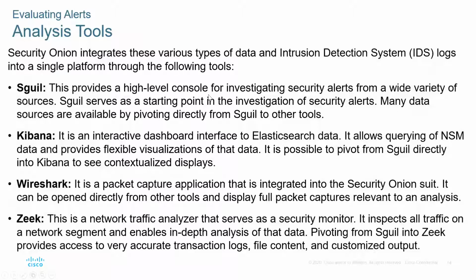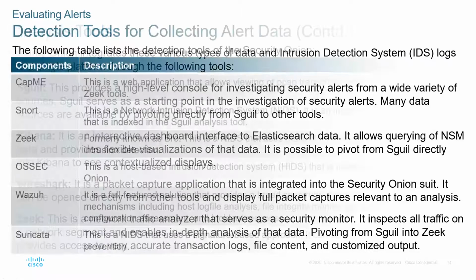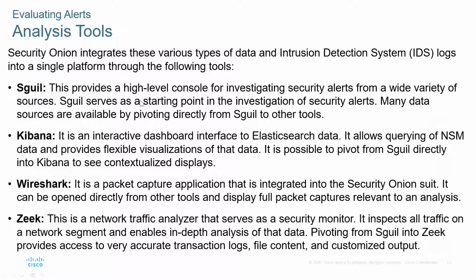So what you guys will be using in this particular section is Sguil. Again, this is going to provide a high-level console for investigating security alerts from a wide variety of sources. Sguil is going to be a starting point for your investigation of different security alerts, and then many data sources are available by pivoting directly from Sguil to other tools. So Kibana is going to be an interactive dashboard to the Elasticsearch data.